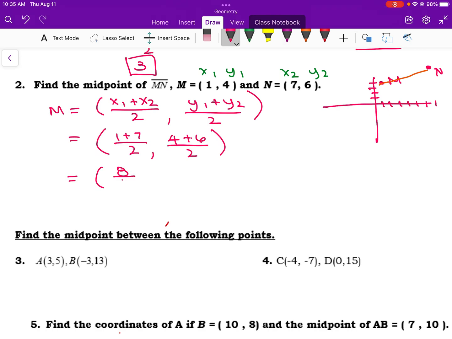Simplifying, we have 8/2 along with 10/2. And so that's actually just a 4, 5. So again, it's just an average between the x values and the y values, and then you link them together as an ordered pair.